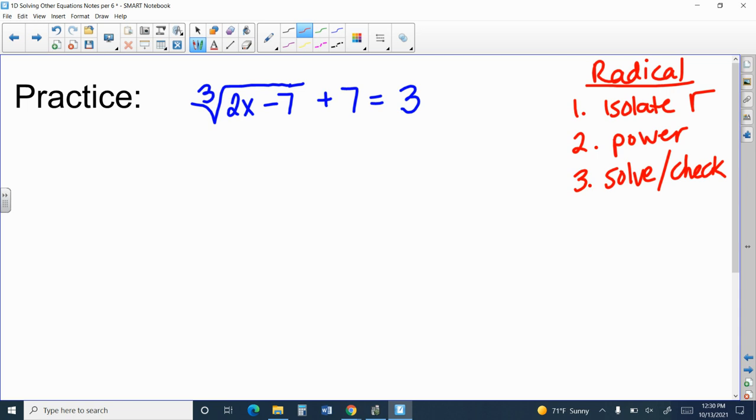You can put it as a fraction or a decimal. Then this would be negative 4 plus 7, so you get 3 equals 3, which is true. That means it does work.